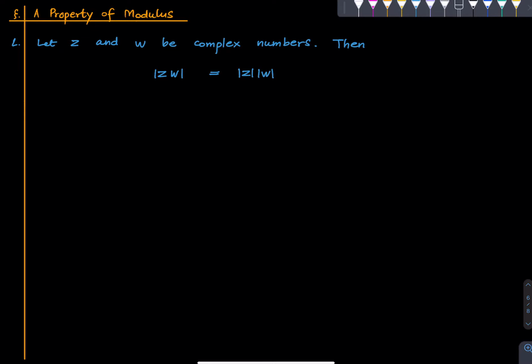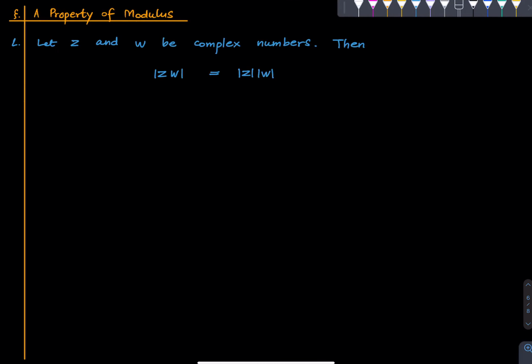Okay. So now let's put some of the things to use. I want to show that if z and w are complex numbers, then the modulus behaves well under product. We could have proven this at any point of time, as soon as we defined modulus of a complex number. But I delegated this to now because we will see it via an application of this one.